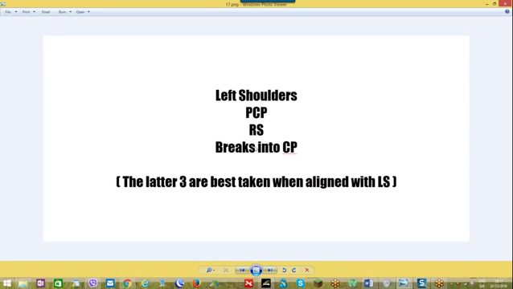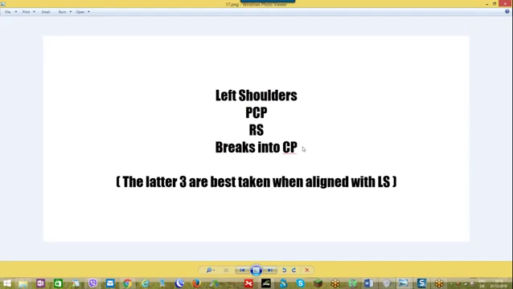RS, of course, and then here's one that most people don't realize. It is where we have actually broken into a compression in the past. That can be an absolutely fantastic place to look for price action, because the compression is made of two parts. It's made of the pre-compression and it's made of the tip of the compression.